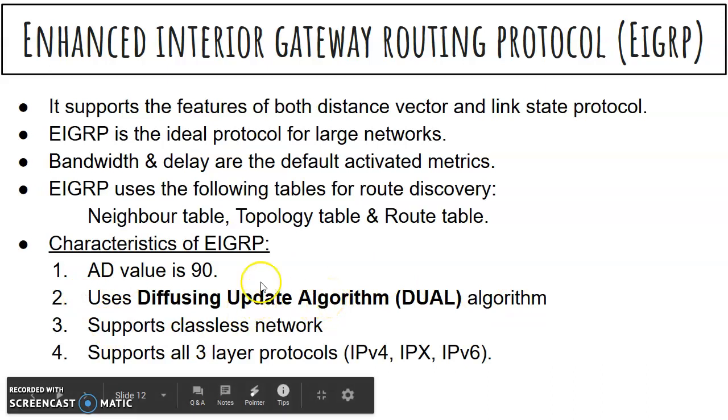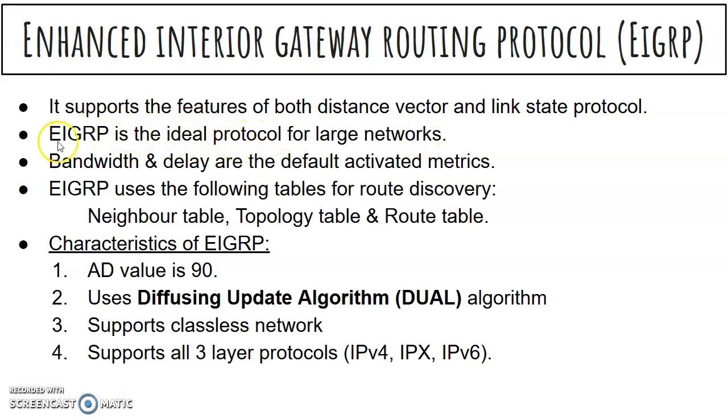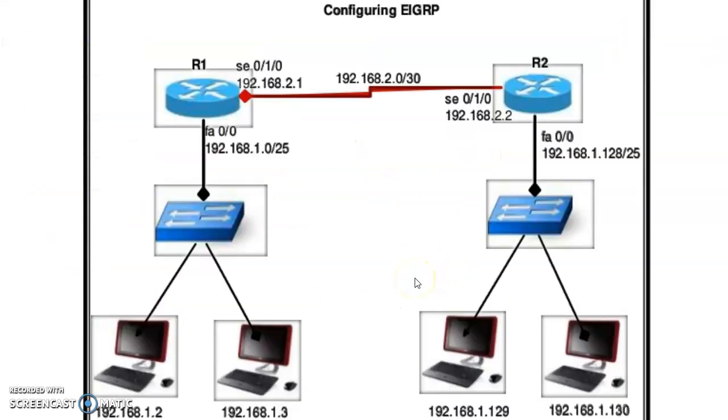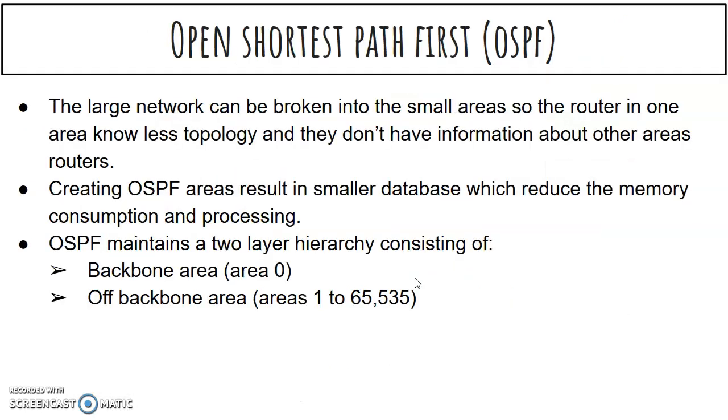EIGRP is very popular for large networks, and it uses bandwidth and delay as default activated metrics. For updating its routing table, it uses the neighbor table, topology table, and route table of the nodes, so that it can form its routing information table. This is the configuration of the EIGRP, which I've included for reference.